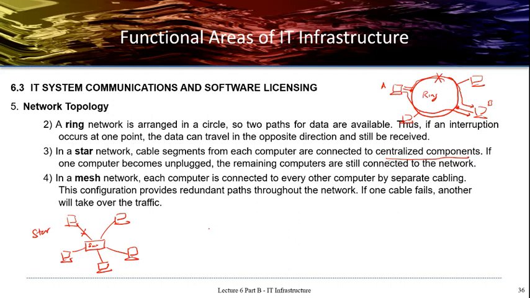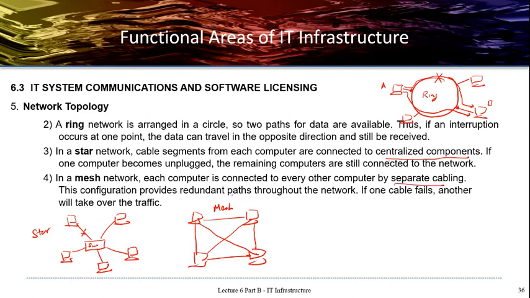And then you get a mesh. Mesh means, let's say you have 4 computers. You can connect it like this, you can connect it like that. So this is called a mesh. Each computer is connected to every other computer by separate cabling.